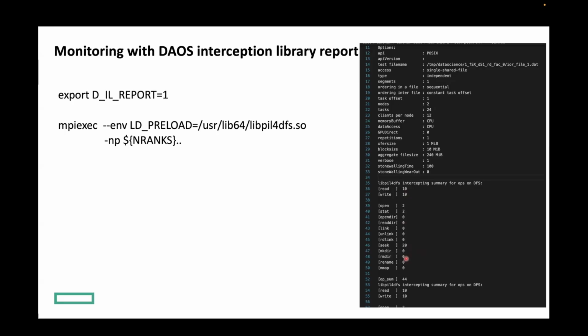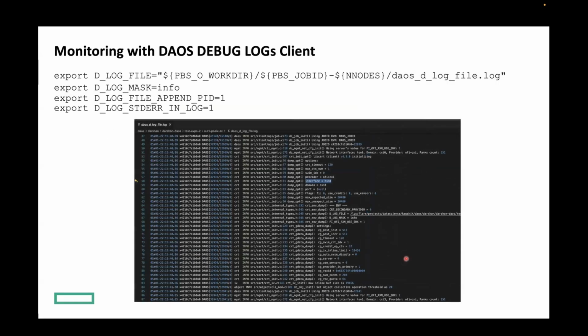This is just a quick test that you can do, with very minimal change. And if you want some really intensive logging, you can use the DAOS client-side logging. The client for DAOS is the compute node. You can set the DAOS log file, mask, and error level logging, and you'll be able to see a detailed log for each and every I/O that is going to DAOS.